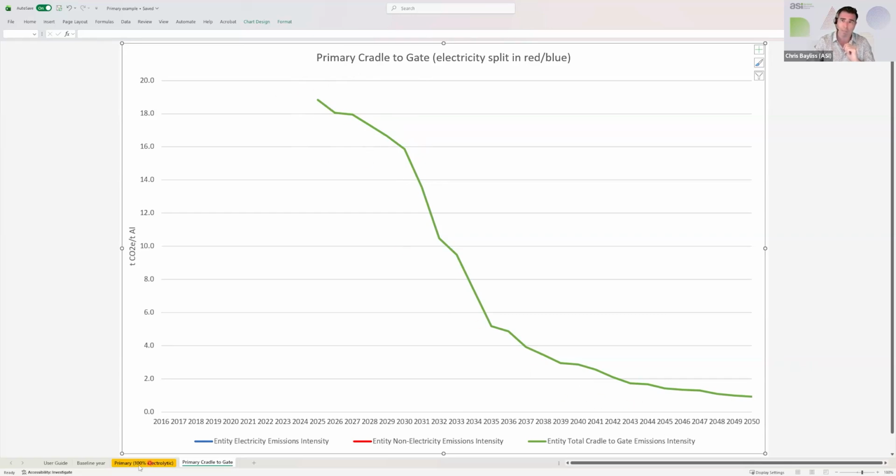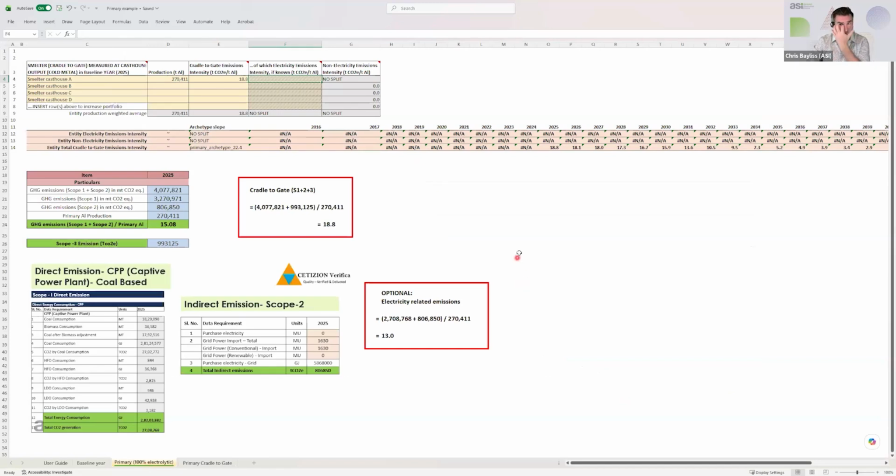The ASI method is also available for you to describe separately your electricity and non-electricity related emissions. And the electricity could be self-generated or it could be purchased, scope 2. So you can see down here, we've done a bit of a calculation drawing those two together to give an electricity intensity of 13. That's to say that of the 18.8 tonnes, 13 tonnes comes from electricity.